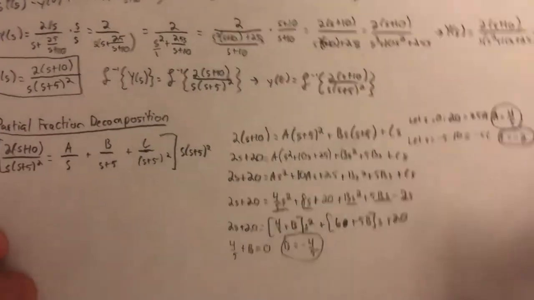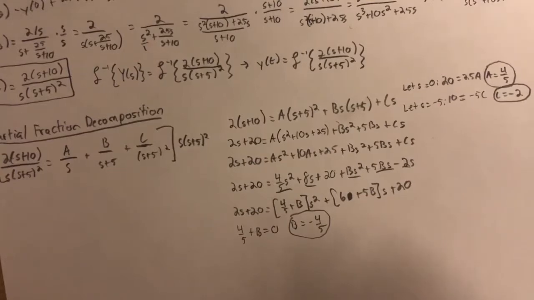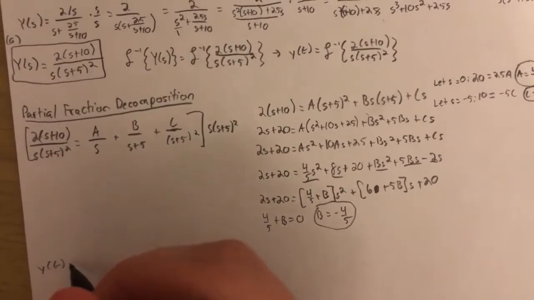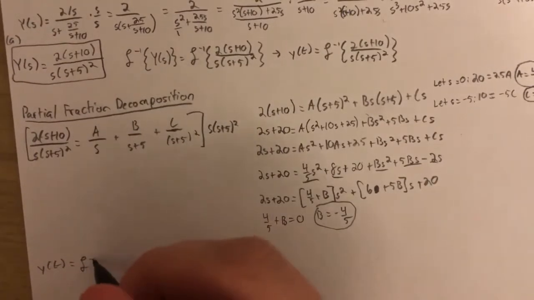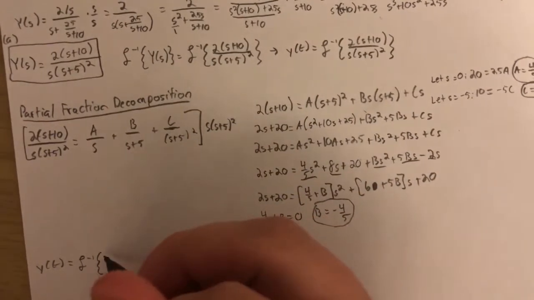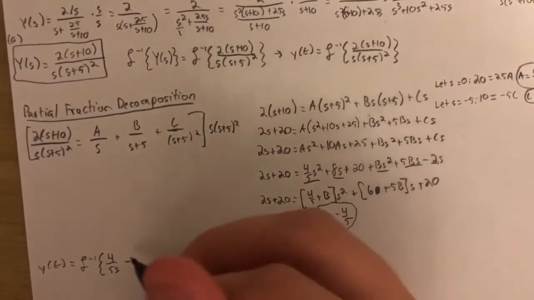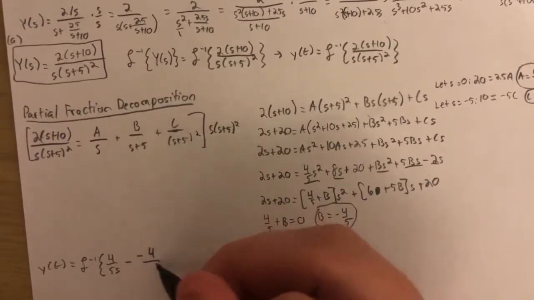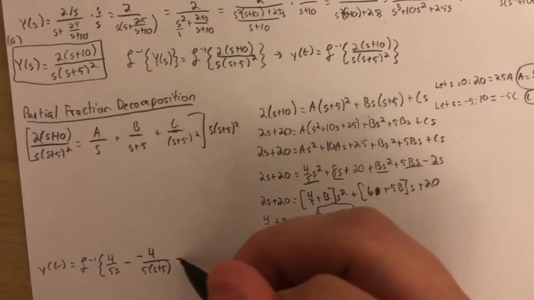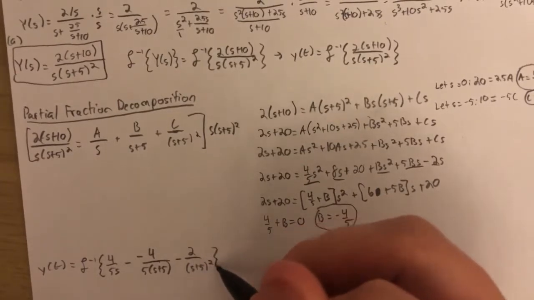So by partial fraction decomposition, we find that y of t equals the inverse Laplace transform of, plugging in, a is 4/5, 4/5s, b is -4/5, minus 4/5s plus 5, minus 2/s plus 5 squared.